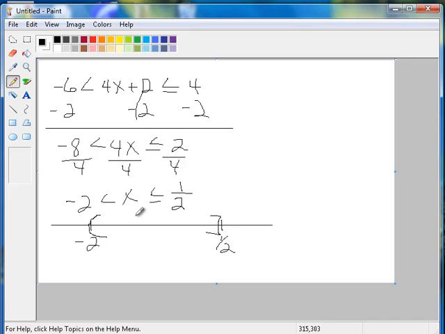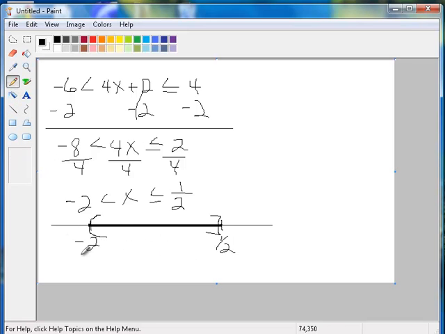So we will have a bracket there. And then this means that the x is in between all the numbers between negative 2 and 1/2, okay? Because x is greater than negative 2, but it's also less than or equal to 1/2. So that's between negative 2 and 1/2.